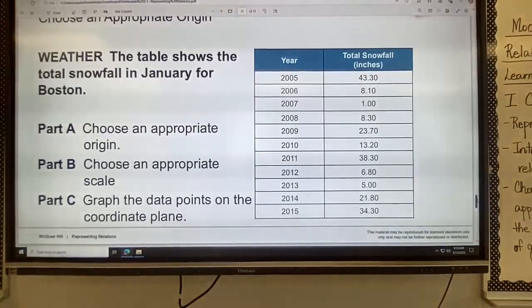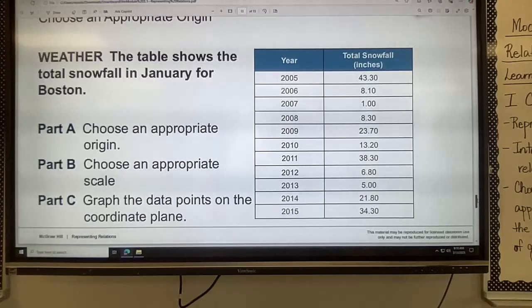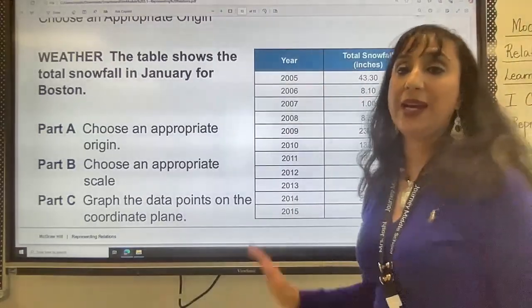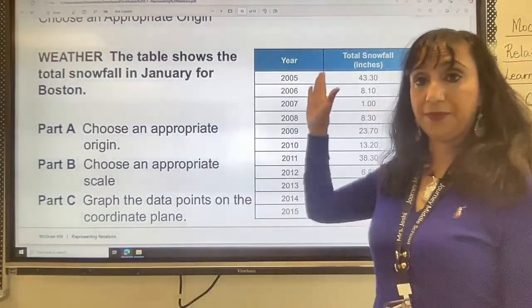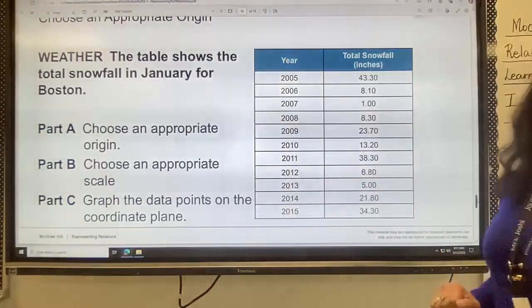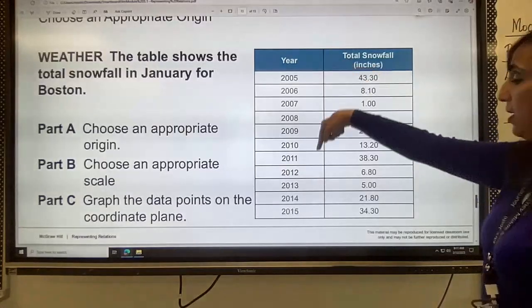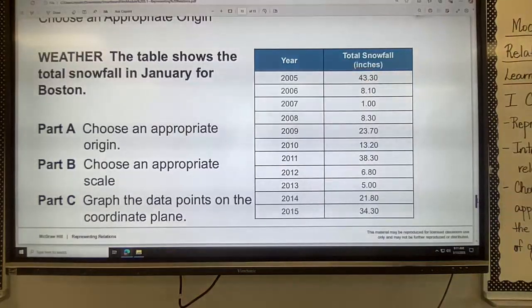So if I am choosing an appropriate origin, we are going to let the x-axis represent the years since 2005. We talked about that the x-axis is always time. So this is my x-axis, since 2005 and onwards, and that's what we are going to let the x-axis represent.